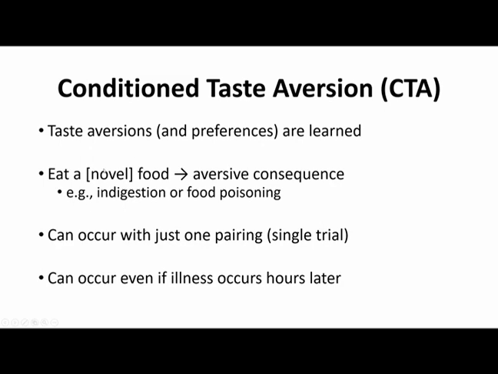The way this is set up is basically if you eat something new and that food makes you sick, then you form a conditioned taste aversion that makes you not want to ever eat that food again. From an evolutionary standpoint, that makes sense. If you eat something and it makes you sick, then you absolutely should not eat it again. The problem comes in when sometimes you eat a novel food and you happen to get sick for a completely unrelated reason, and then you never want to eat that food again.